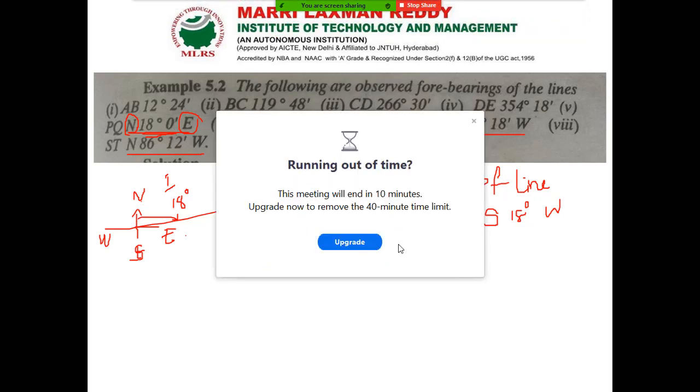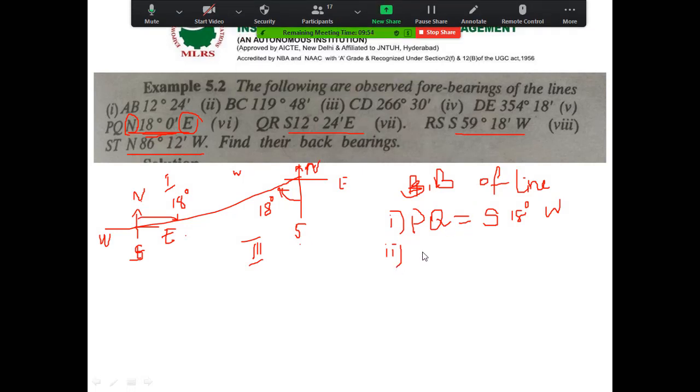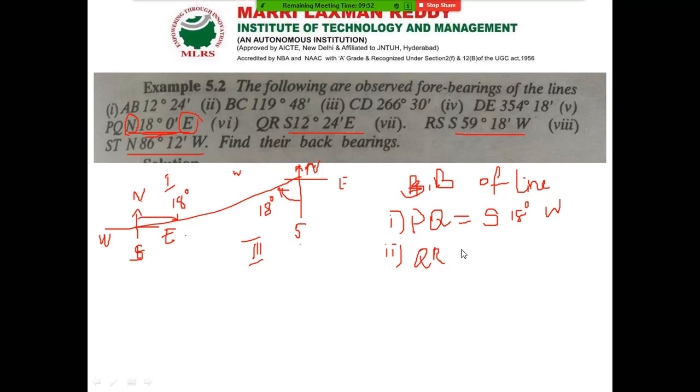Then second, for the line QR, instead of south S I am going to use N. So north 12 degree 24 minutes, instead of east I am going to give west. Similarly for the line RS, instead of S I am going to give north. So N 59 degree 18 minutes, instead of W I am going to give east.